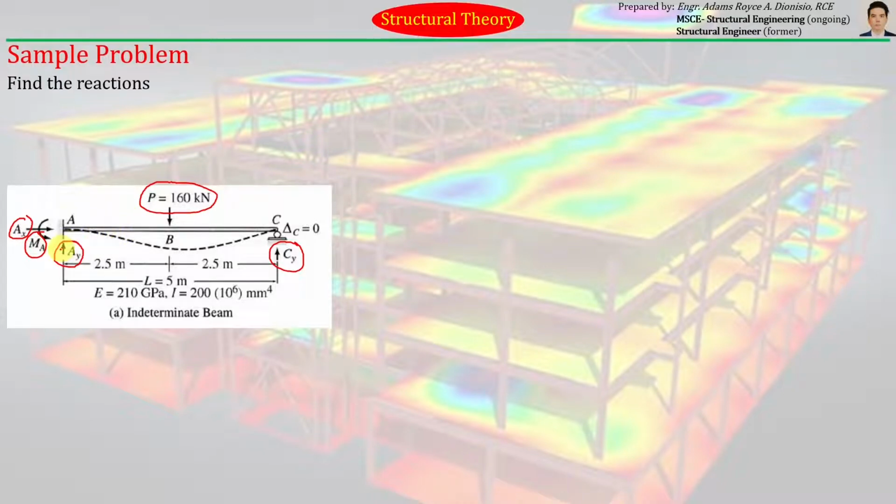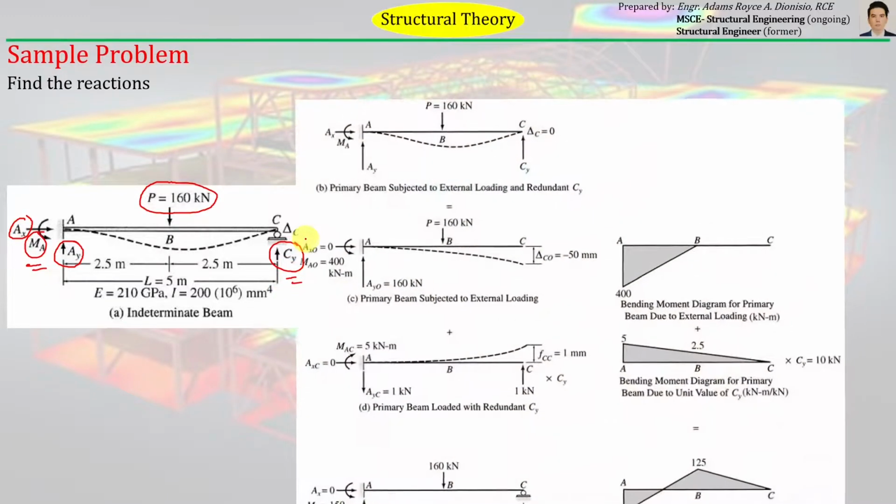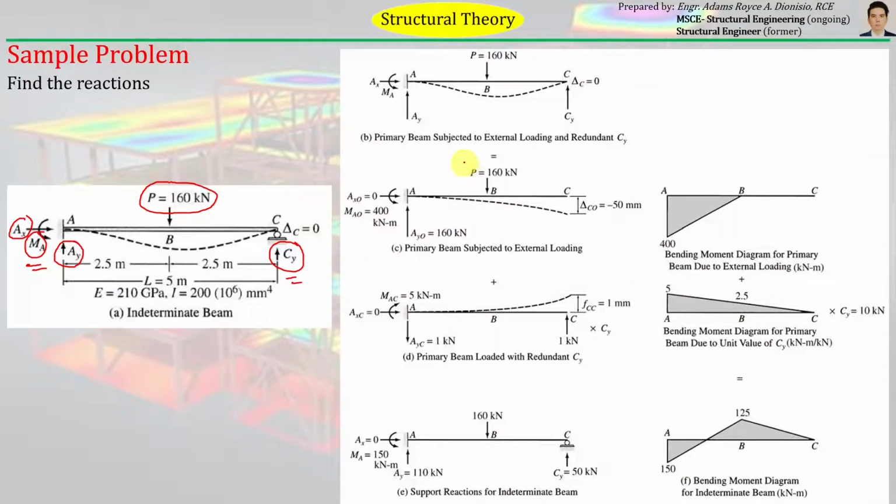So you can choose to make either MA or CY as your redundant. So for this particular example, you can see here the solution has chosen CY to be the redundant.